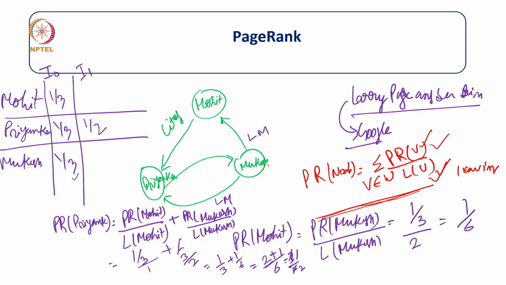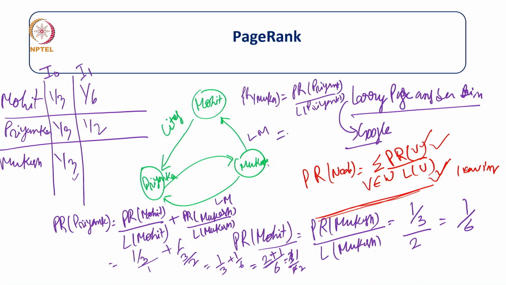iteration 1. And the rank of Mohit is 1 by 6. What will be the rank of Mukesh? So for Mukesh, it will be PR of Priyanka, then L of Priyanka.